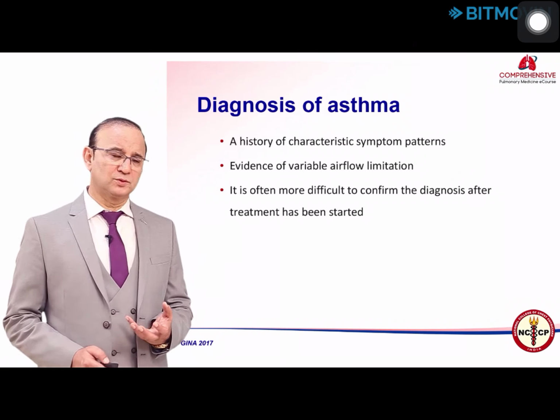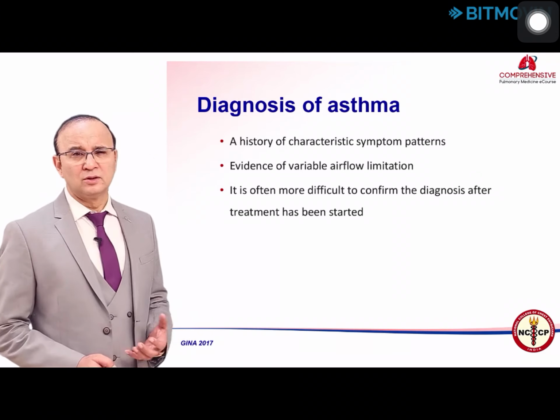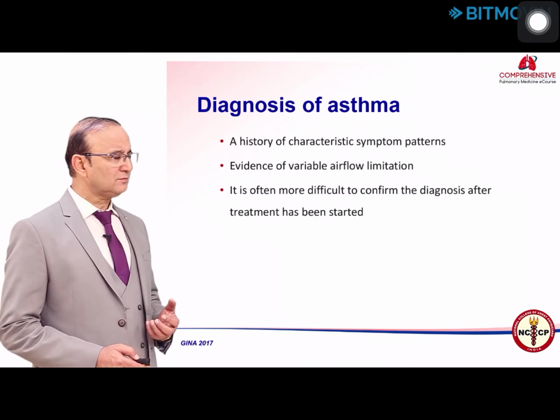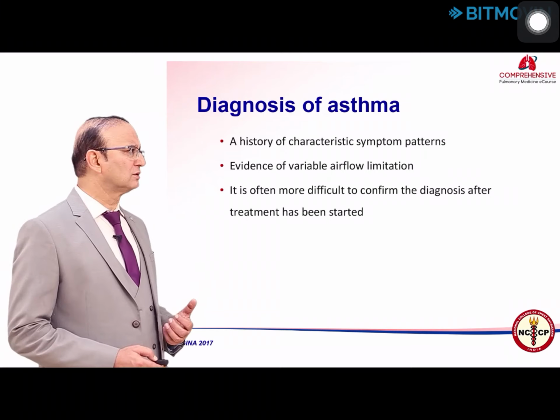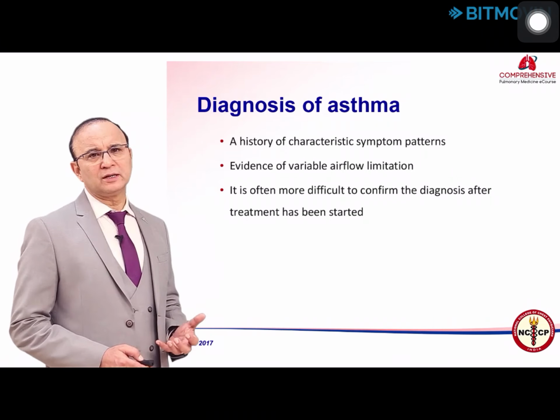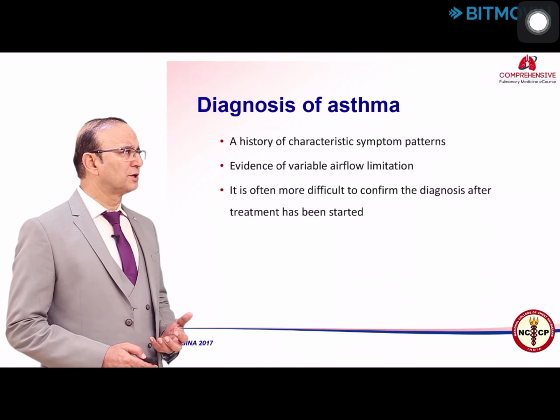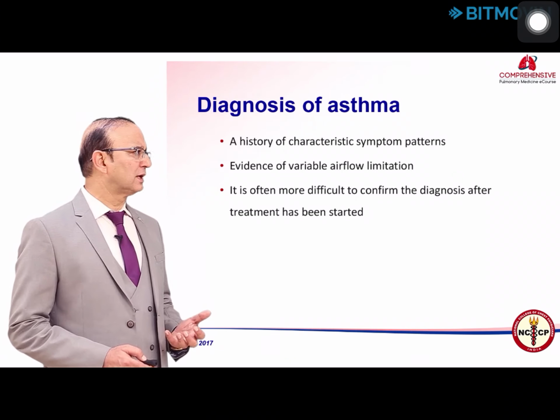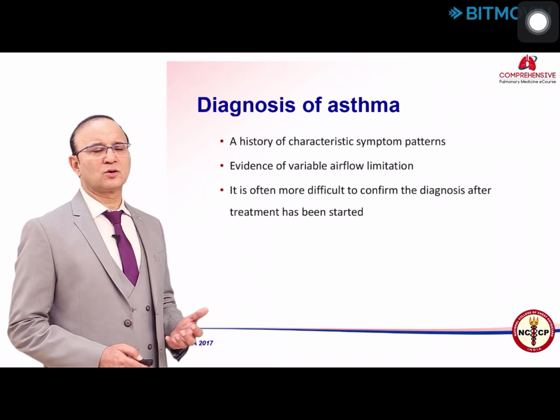First is the diagnosis. Let's go once again over the diagnosis. The diagnosis is based on the history of characteristic symptom pattern, evidence of variable airflow limitation, and from a bronchodilator reversibility test or other tests.